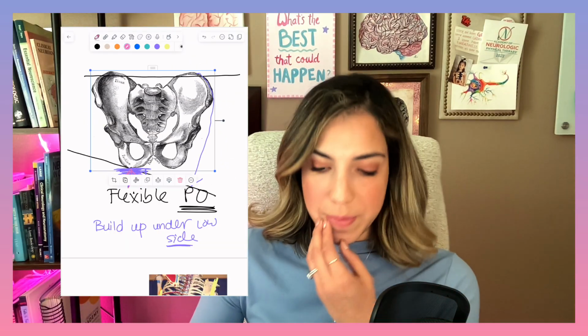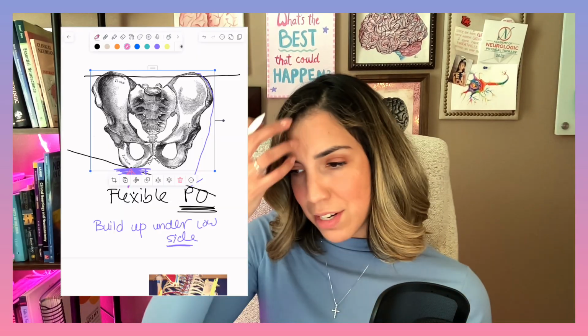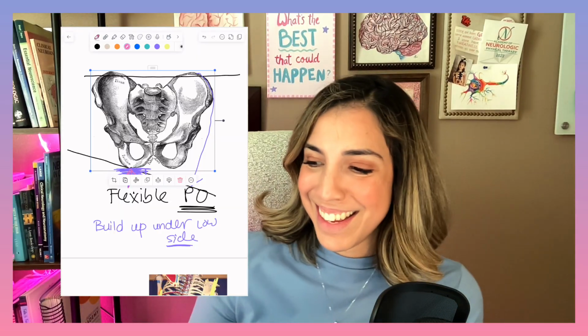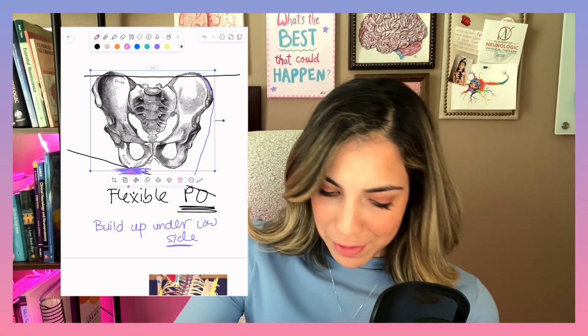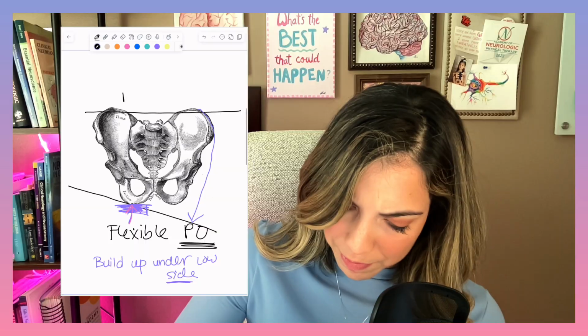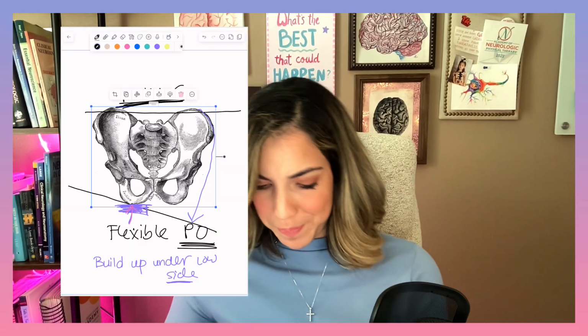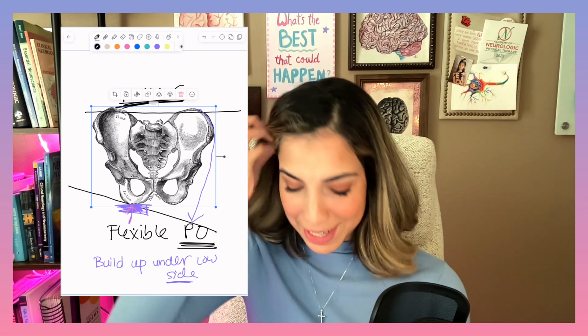Now we've corrected it. Okay, now this one, I didn't realize that this is a frontal view, but let's imagine this is a posterior view. Okay, this is a posterior view. I just realized that this is an anterior view. But let's say we're looking at the pelvis from posterior view. Anyways, we're going to continue.